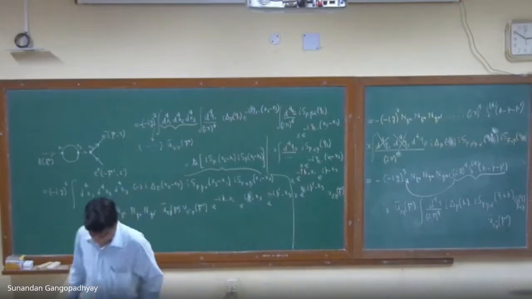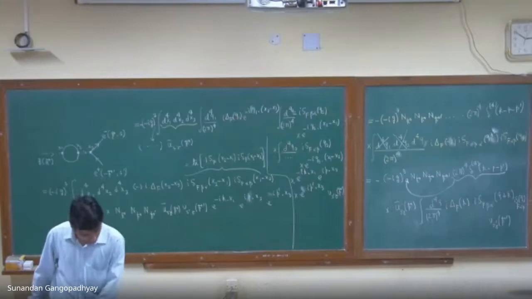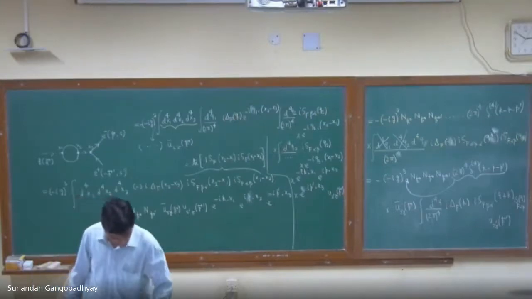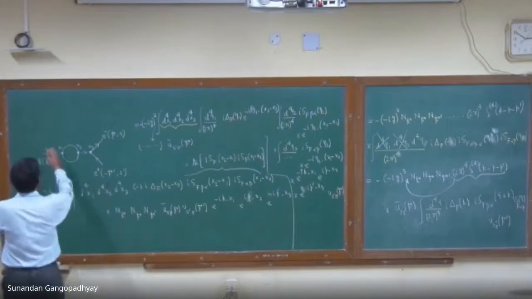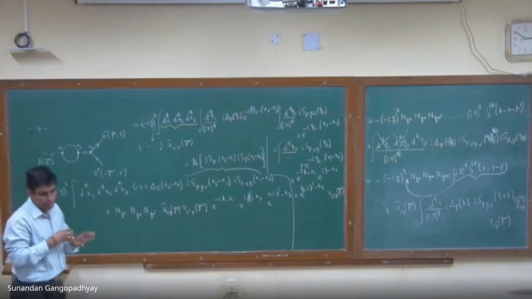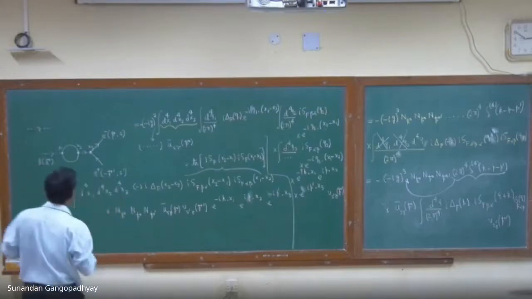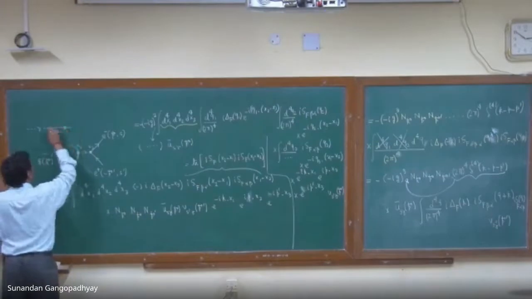So this is what I wanted to do with you, and you can have some more practice if you want. You can try to figure out what this is and try to write down the mathematical expression for this one.